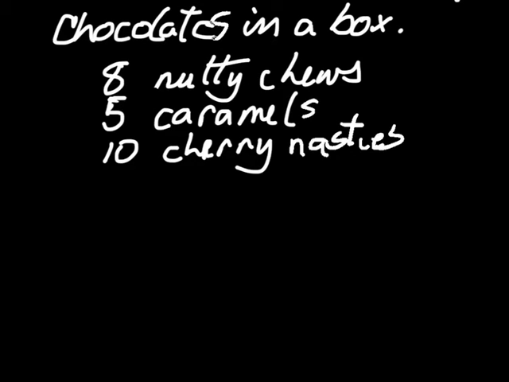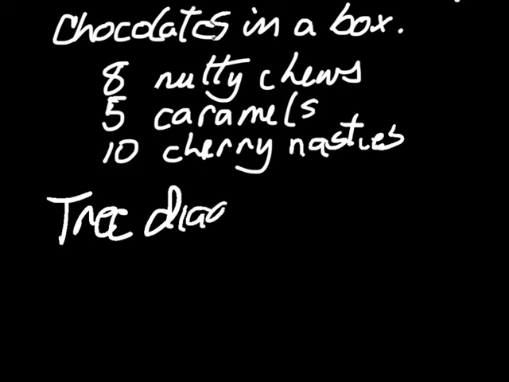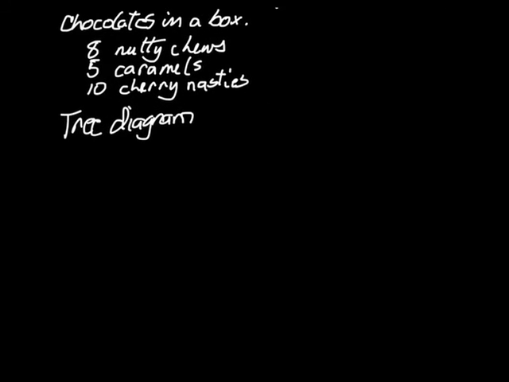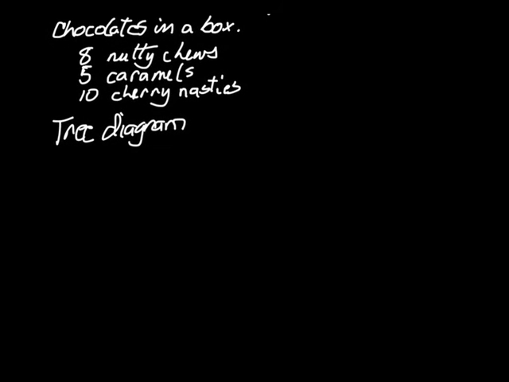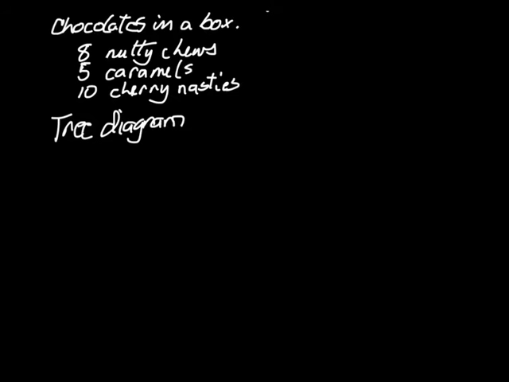So one strategy is to use what's called a tree diagram to outline the probabilities as you work through it. It's a great way to do it, and I want to show you how that works over here on the right side. I want to pull 2 Nutty Chews out.